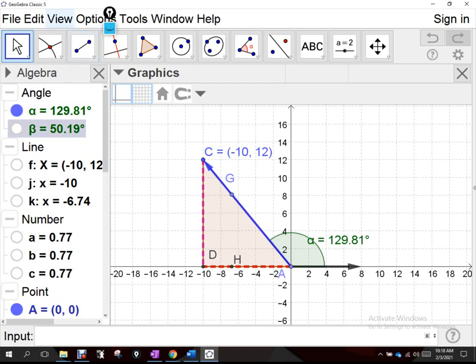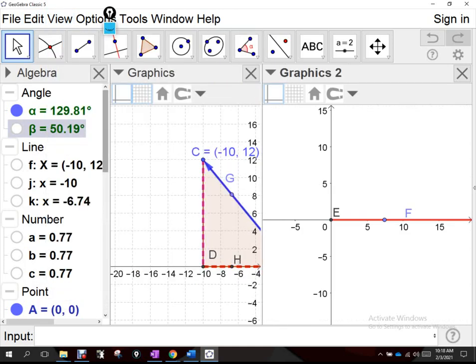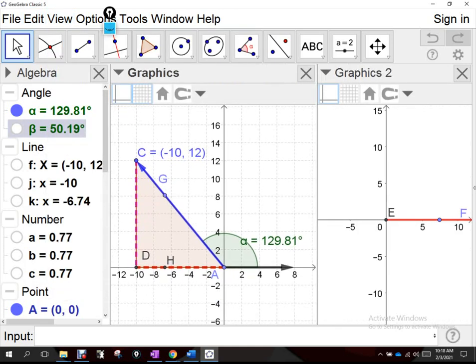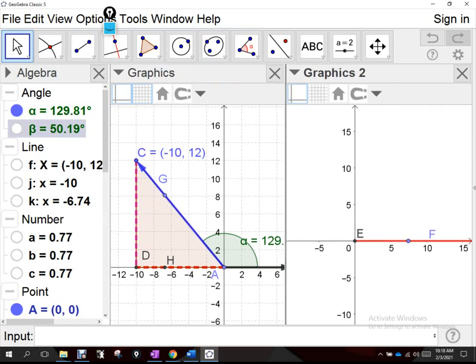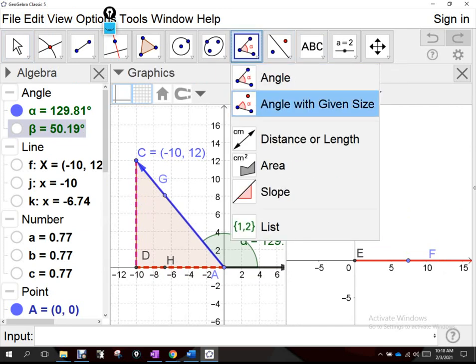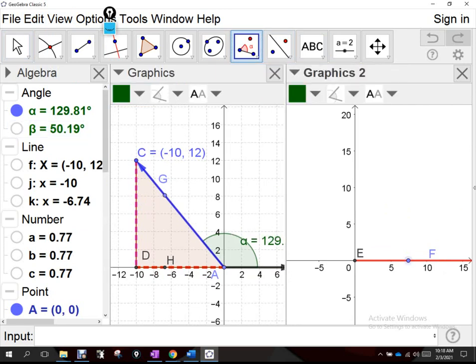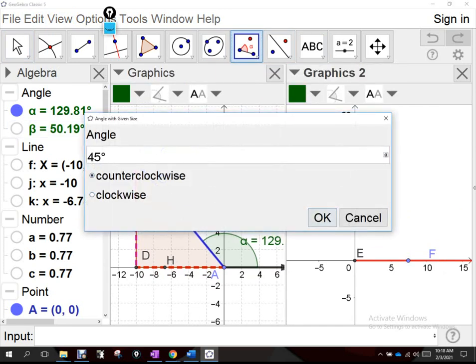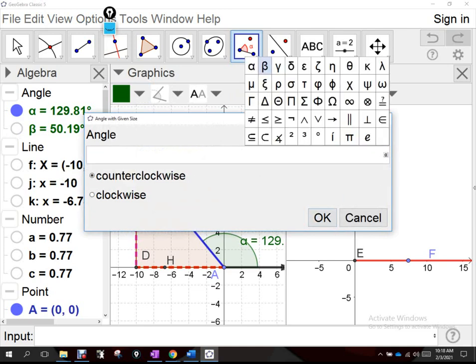What I'm going to do right now is I'm going to take this information that we just created, and I'm going to take this angle of beta, and I'm just going to allow GeoGebra to use a protractor and basically just replicate that beta for me over here.